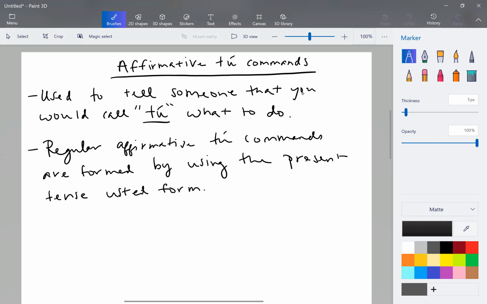So it's really easy because they look like words we already know. It's just that instead of talking about what someone is doing, you're telling someone what to do.